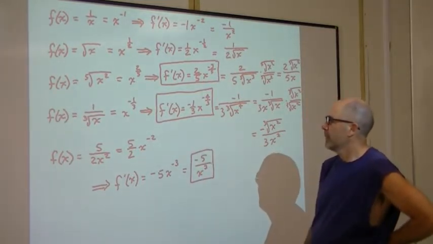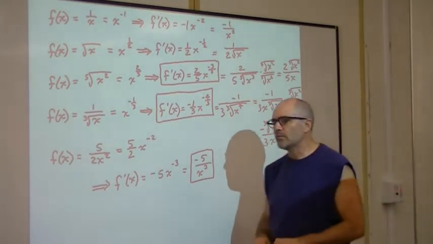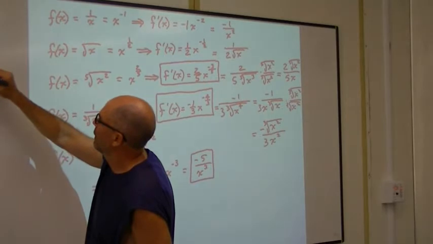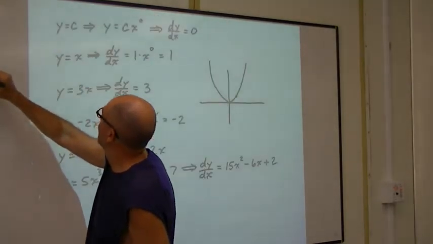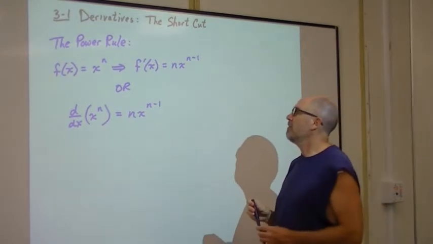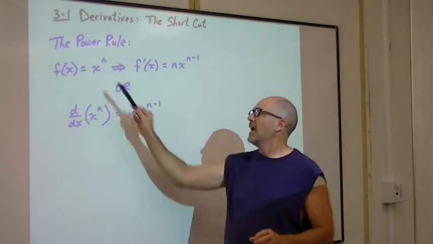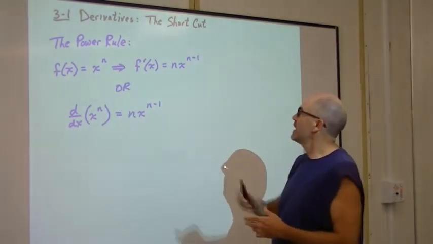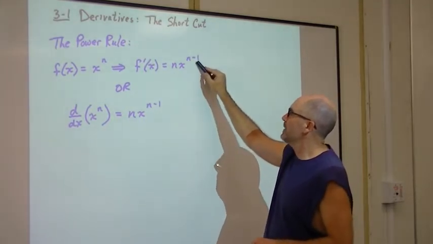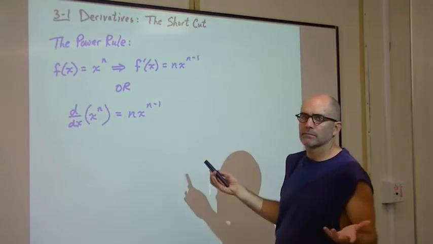So this is our final answer. All right, so you guys now see the power rule. If f of x equals x to some power, you take that power down in front and then drop the exponent by 1. Piece of cake.